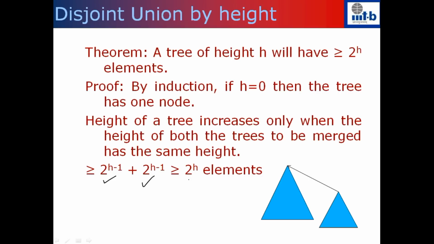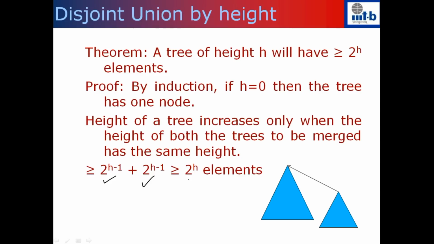If, when you do the merge, the height doesn't change, then only the number of nodes in the tree will increase. Before the merge, if the number of nodes is at least 2 to the power h, after the merge the number of nodes will only increase. So after you merge the two trees, if the height is h, then the number of nodes is going to be greater than or equal to 2 to the power h.